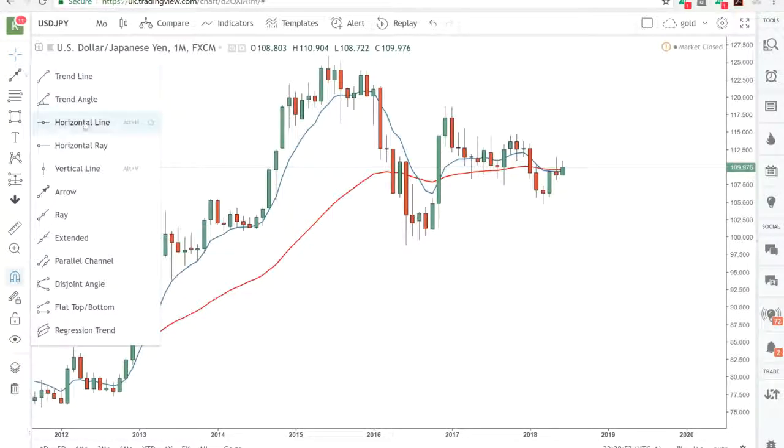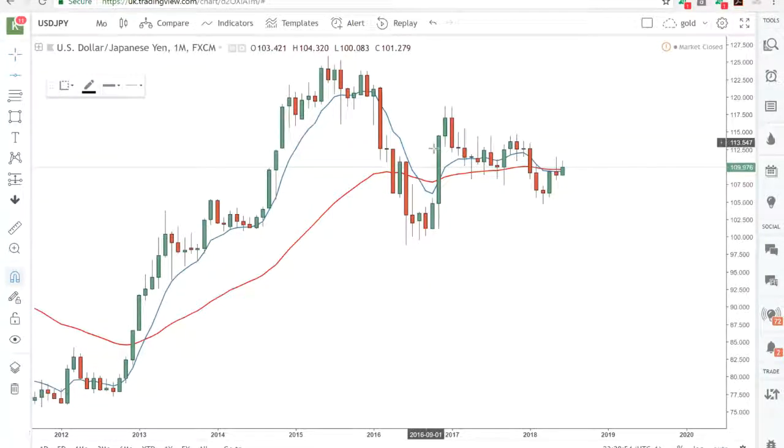Now what you want to do here is just trap price between two price zones, zones that price looks like it struggles to break through, either to the downside or to the upside.